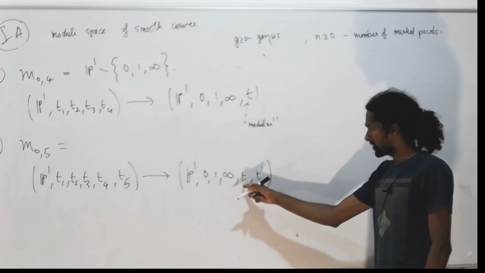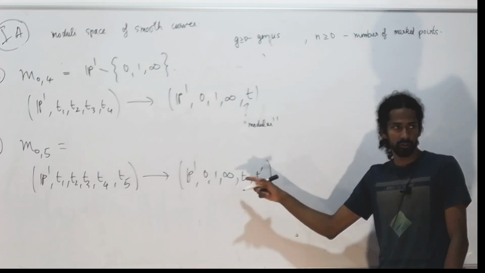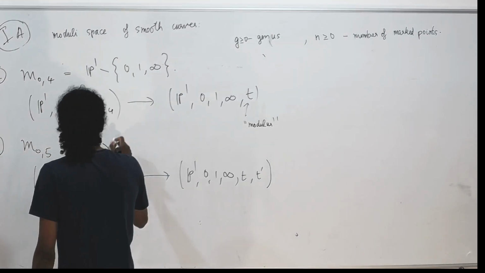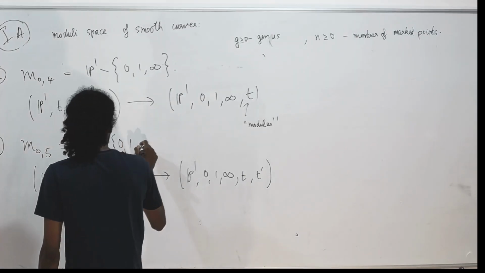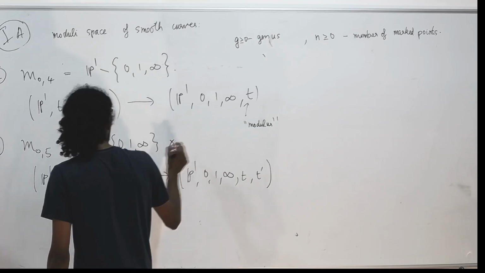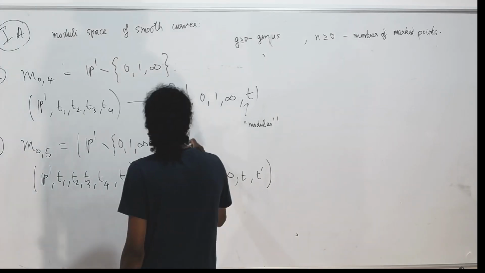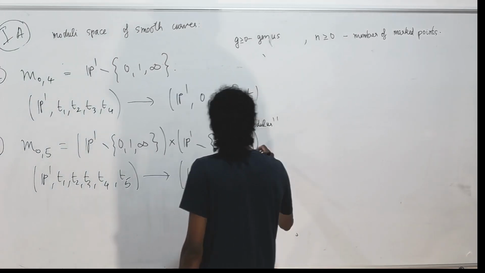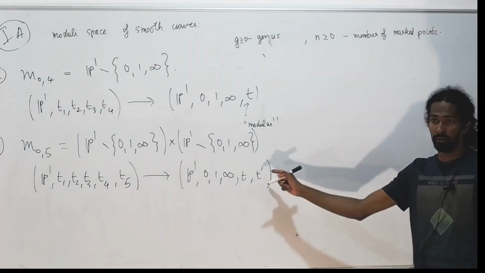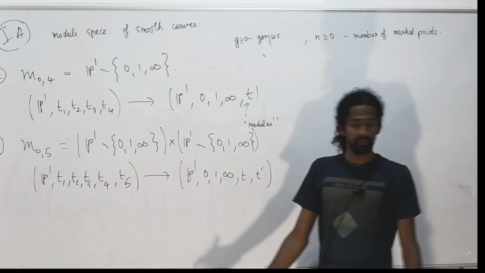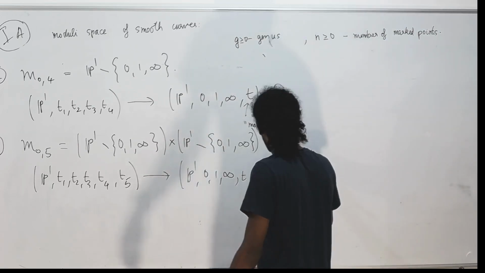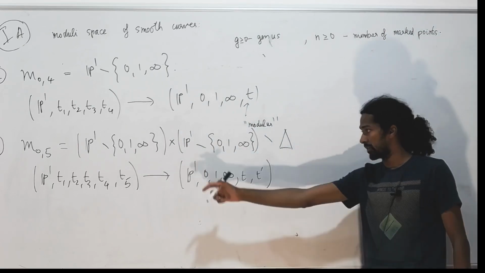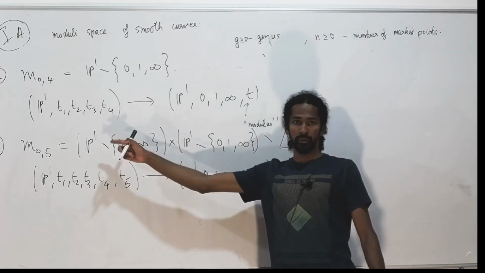T is not allowed to be 0, 1, or infinity. T prime is also not allowed to be 0, 1, or infinity. But also T and T prime are not allowed to be the same. So I have to remove the diagonal. The diagonal is just the things where the points in both of the P1s are the same.